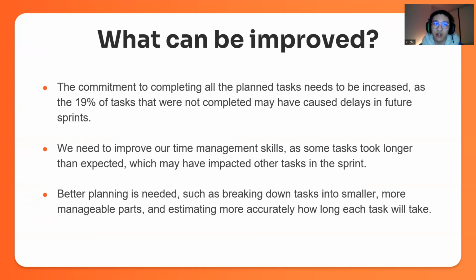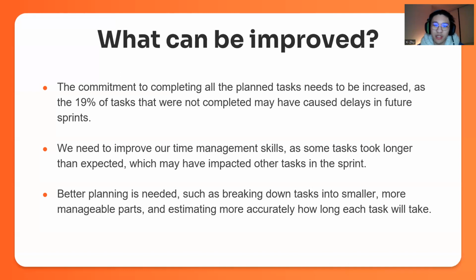Yes, I have to carry the rest of the 2 user stories to sprint 2 and finish them. We need to improve our time management skills, as some tasks took longer than expected, which may have impacted other tasks in the sprint. Yes, and that's what I learned from sprint 1.